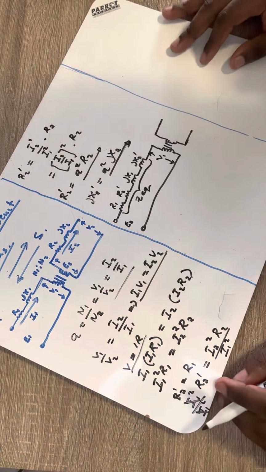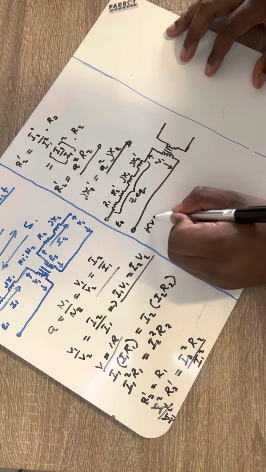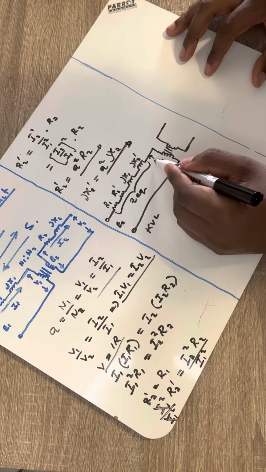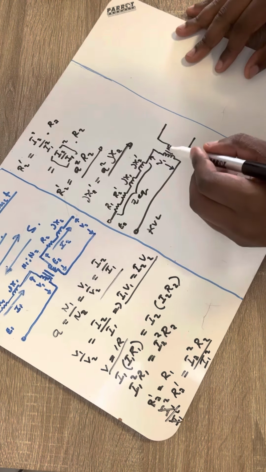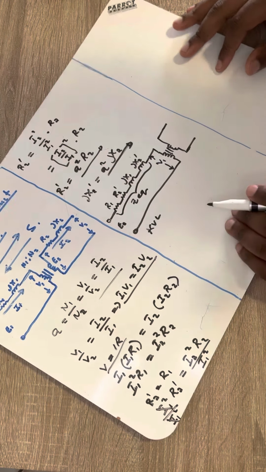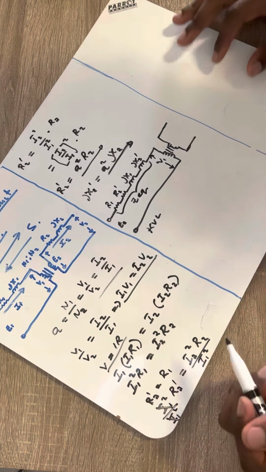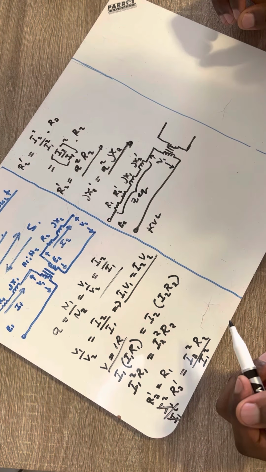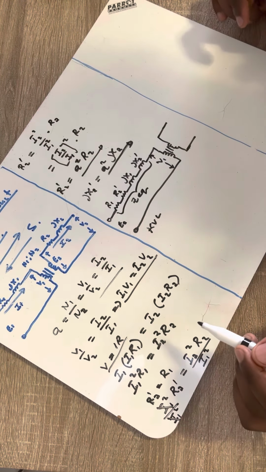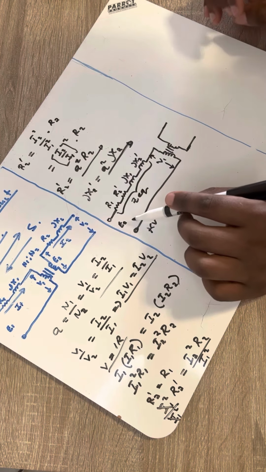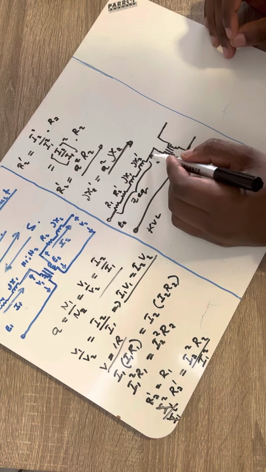So basically here you can use KVL to calculate this voltage sitting across the primary winding, right? This voltage will be the total voltage minus the voltage drop, and you get this voltage sitting here.